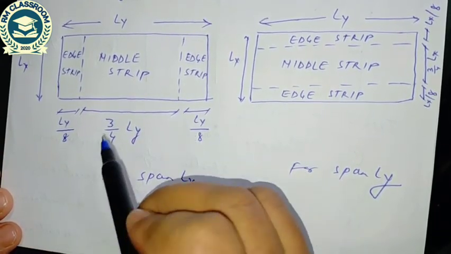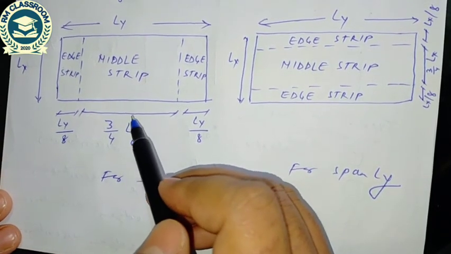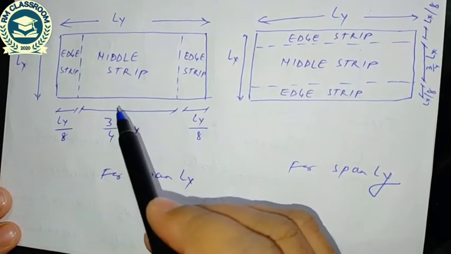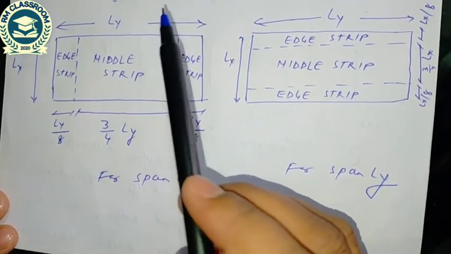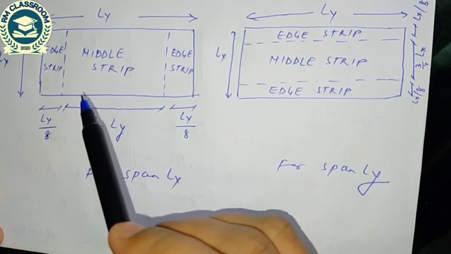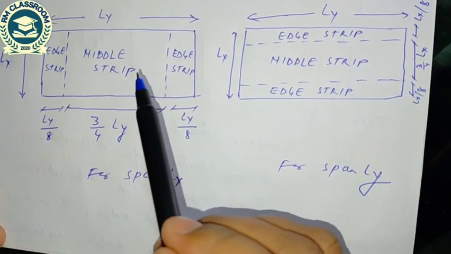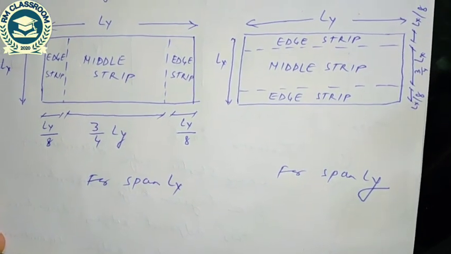In the subsequent class, I will discuss detailing of the reinforcement, and after that provision of torsion reinforcement and problems related to the IS code method.